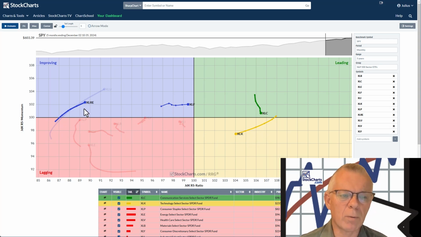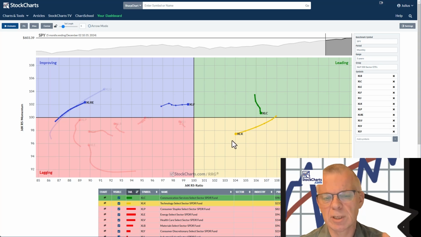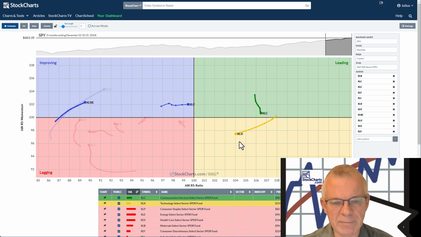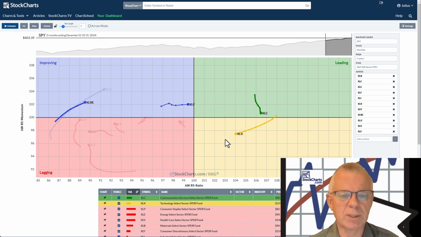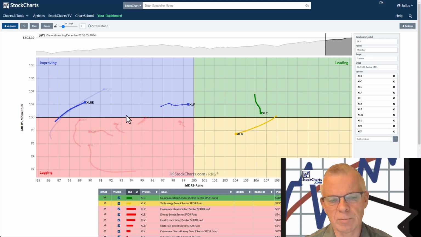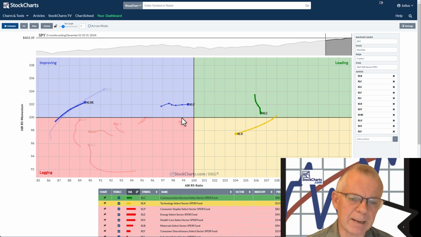So overweighting real estate and financials versus technology could be a very nice leveraged move, where you see an underperformance for technology and an outperformance for real estate and financials. And that is how you use an RRG to pick sectors where to underweight or overweight or where to long and short. And this is actually a pretty nice example.